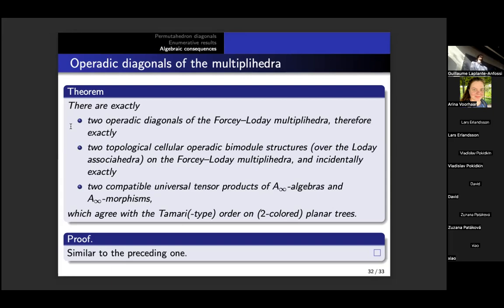You look at the diagonal that goes from the permutahedron into the square of the permutahedron. Then in the beginning of your talk, you gave some numericals for the iterated diagonals that go from the permutahedron to a bunch of permutahedra. So for an iterated diagonal, it implied that there are also just two of them. One of them, for example, in the SU, and another in the LA.